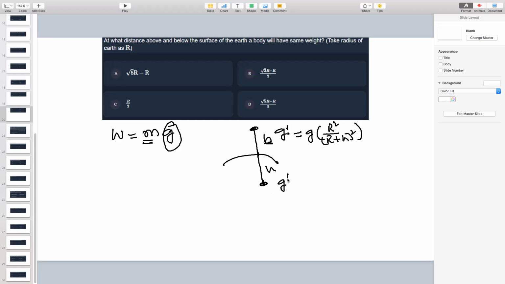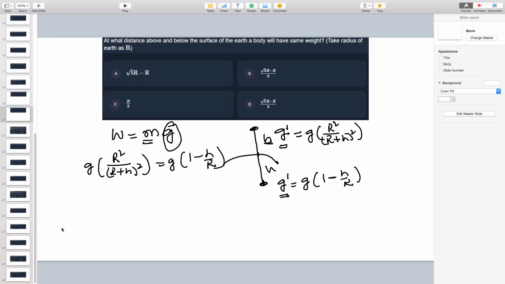Similarly, at depth h, g prime equals g into (1 minus h by R). And according to your problem, these two values are the same. That is, g into R square by (R plus h) whole square equals g into (1 minus h by R).